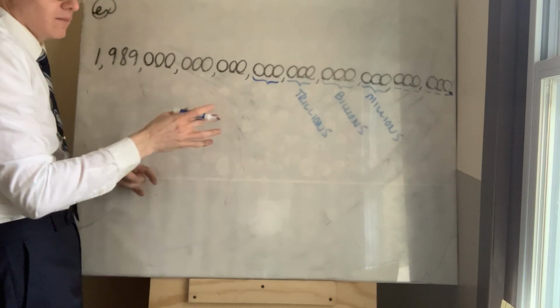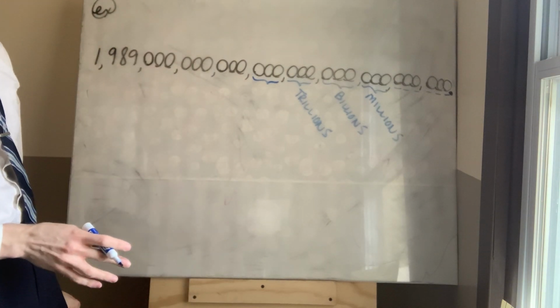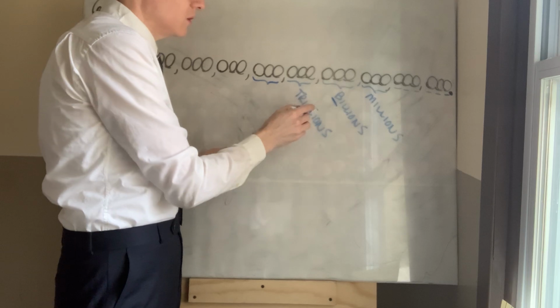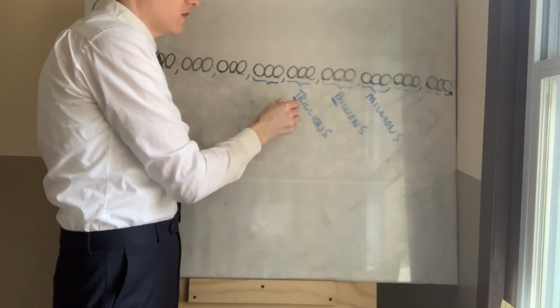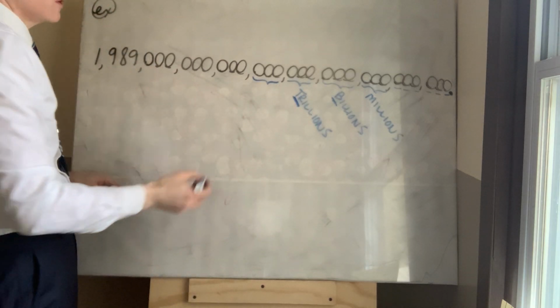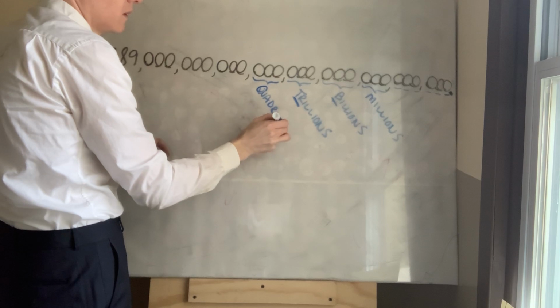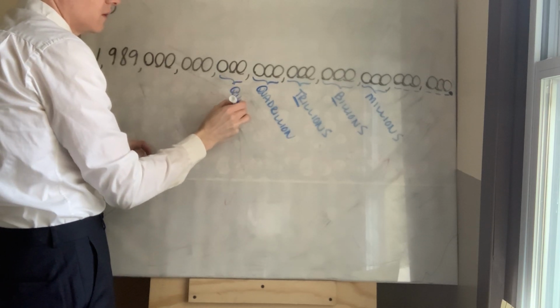Trillions. I like my own cultural way of saying it, for the reason that it's kind of like things that have wheels. A bicycle has 2 wheels. This is the second set of 3s after the first. A tricycle has 3 wheels, so then it helps me figure it out. This would be quadrillion. And this would be, I believe, quintillion.